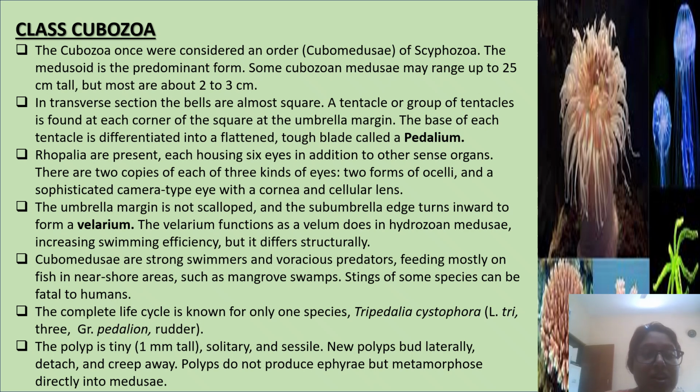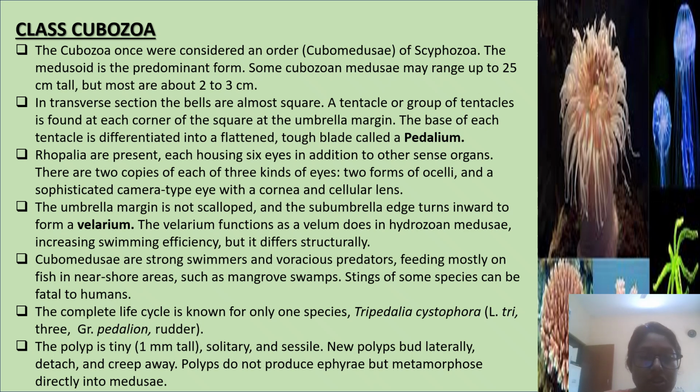Next, rhopalia are present, each housing 6 eyes. In addition to the statocysts, there are 2 copies of each of 3 kinds of eyes, 2 forms of ocelli and a sophisticated camera-type eye with a cornea and cellular lens. The umbrella margin is not scalloped and the subumbrella edge turns inward to form a velarium.